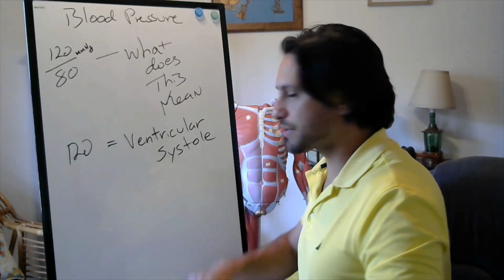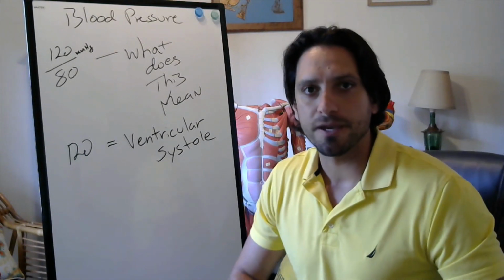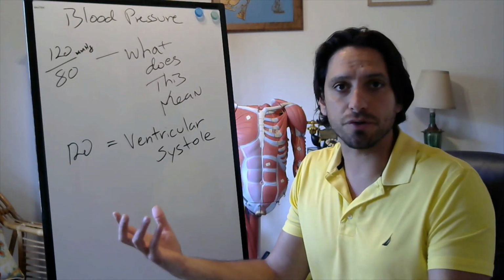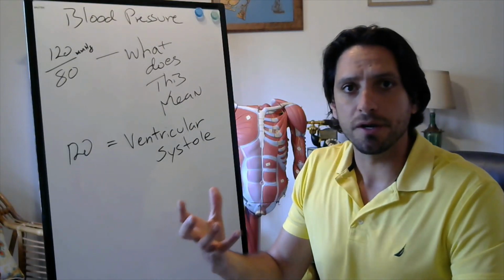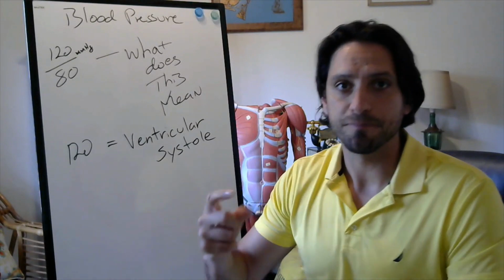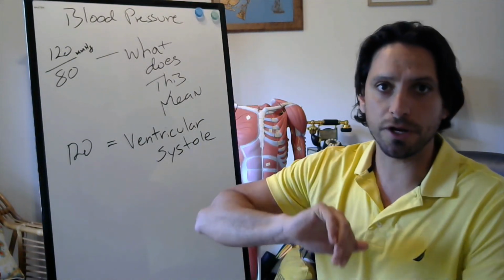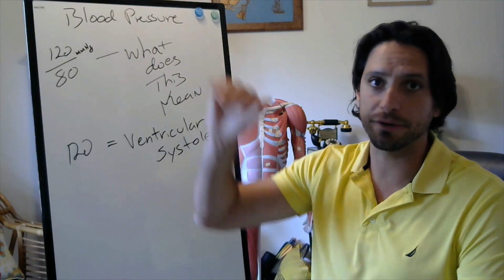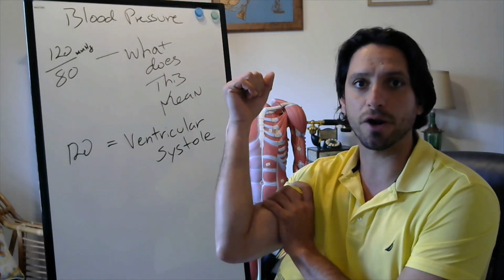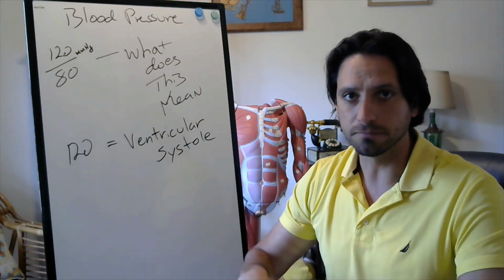So ventricular systole is when we have depolarization of the ventricles. When blood in the ventricles is ejected into the aortic trunk and the pulmonary trunk, we have that BP cuff wrapped around our brachial artery, okay?